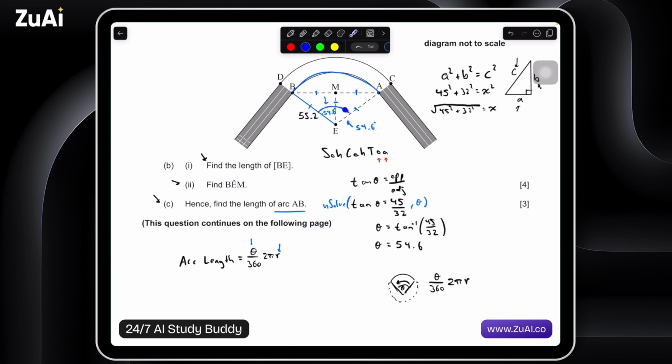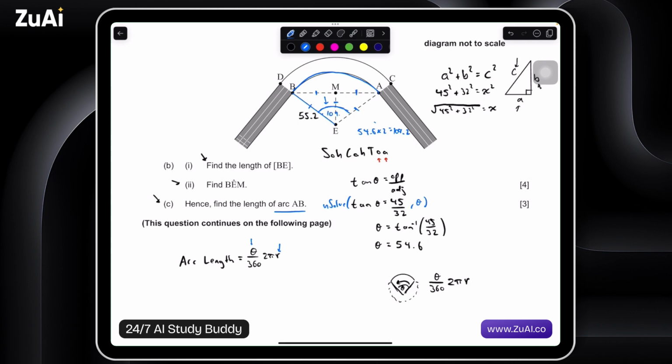So in sum, what angle do we sweep through? What fraction of a whole do we have? Well, we have 54.6 times 2. If we wanted to find this whole theta value, 54.6 times 2 is 109.2.